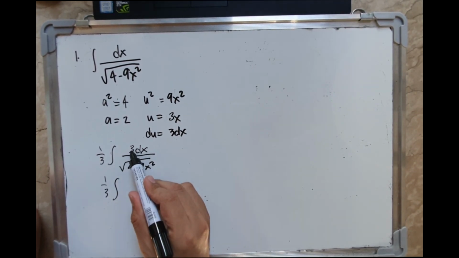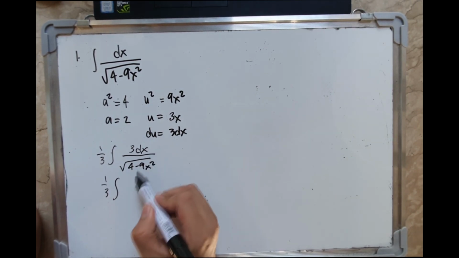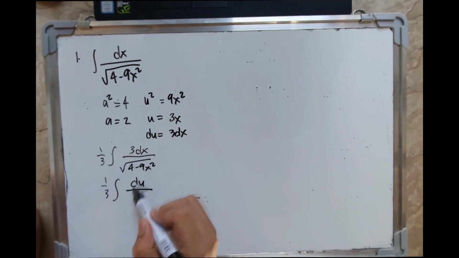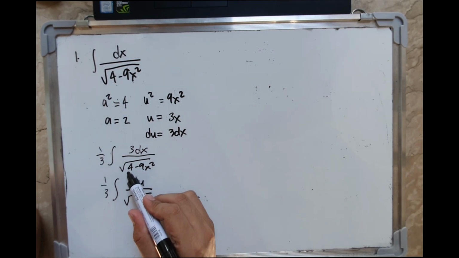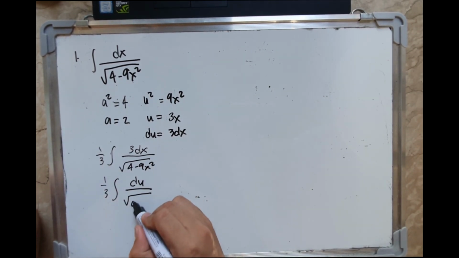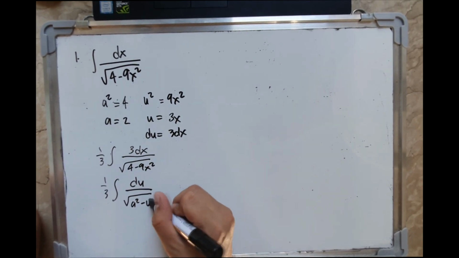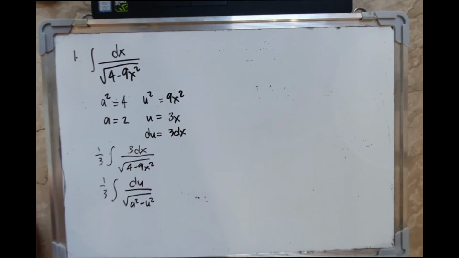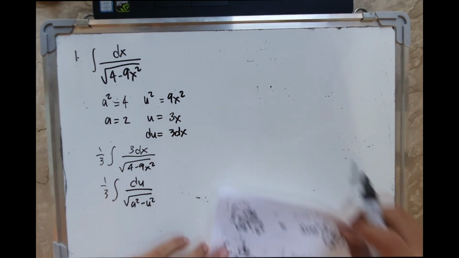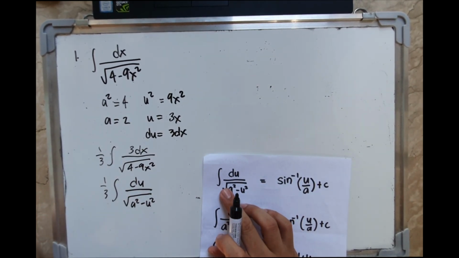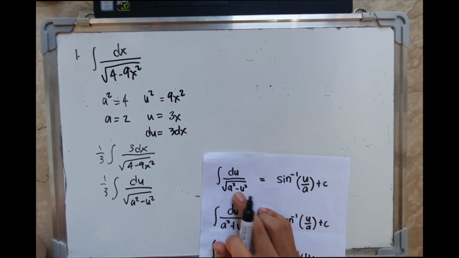So this is now 1/3. What is 3dx? 3dx is du over the square root of 4, that is our a squared, minus 9x squared, it's our u squared. So what is du all over the square root of a squared minus u squared?